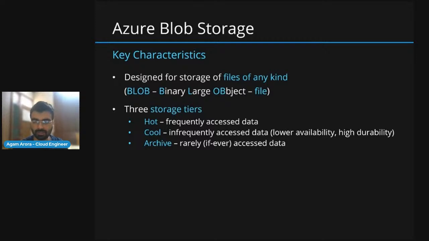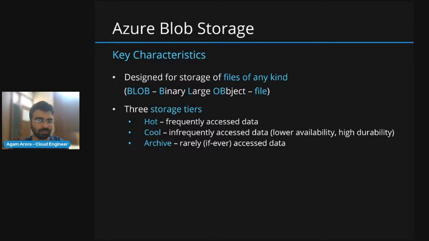Okay, so let's just discuss Azure Blob storage again. This represents the binary large object file. That is the full form of it, and it has three storage tiers. First is the hot tier, which means frequently accessed data.